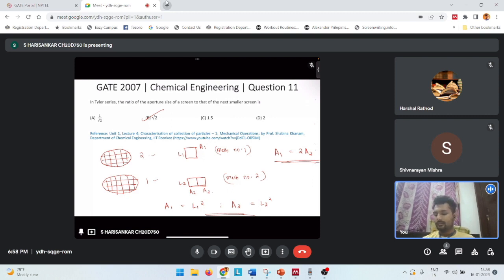And then you have centrifugal sedimentation, or basically centrifuge, and the separation equations for centrifuge and so on. And then there is one good topic called fluidization, which includes pressure drop in a packed bed, Ergun equation, and so on. And yeah, let us see how far we can go with this in the next three classes.